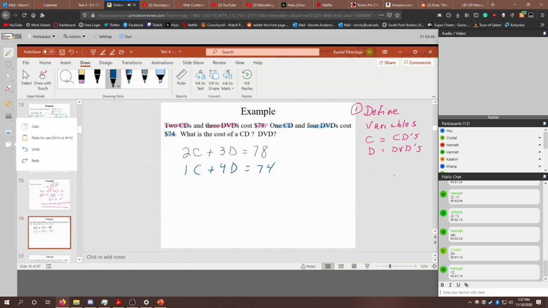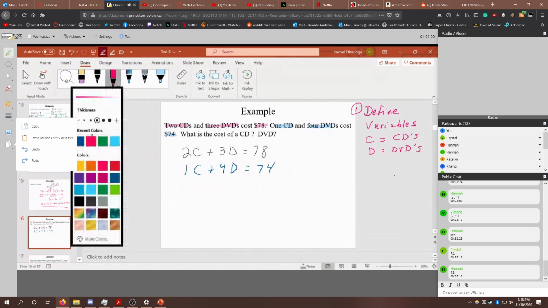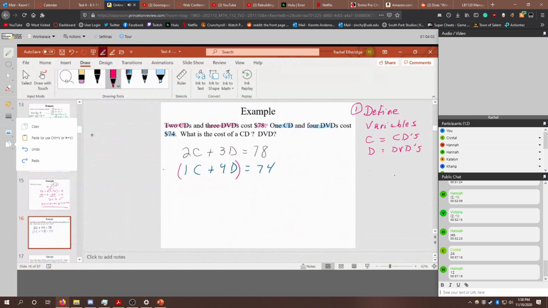Now I need to solve the system. It's already basically set up for elimination. So if I multiply the second equation by -2, both sides by -2, I'm going to get 2C plus 3D equals 78.